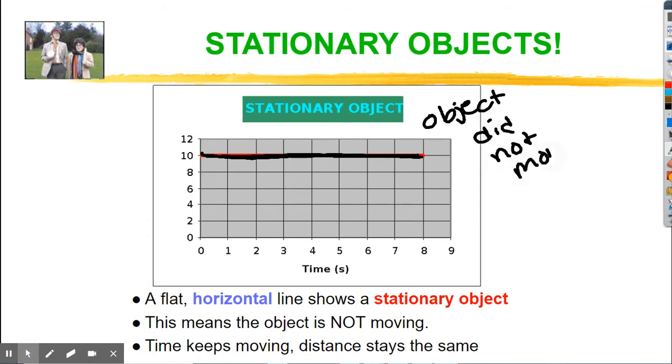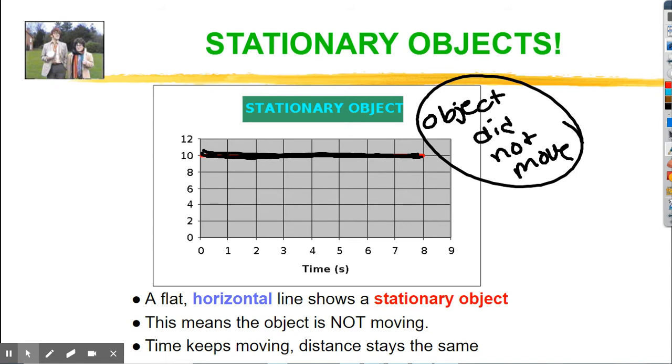For example, if I'm running and then I stop, when I graph that, you're going to see a flat horizontal line for how many seconds that I stopped. And then if I start again, then you will see the line go a different direction. But if you have a straight horizontal line, that means the object did not move.